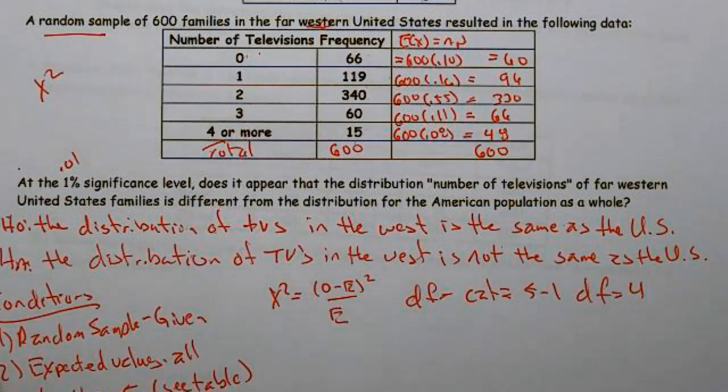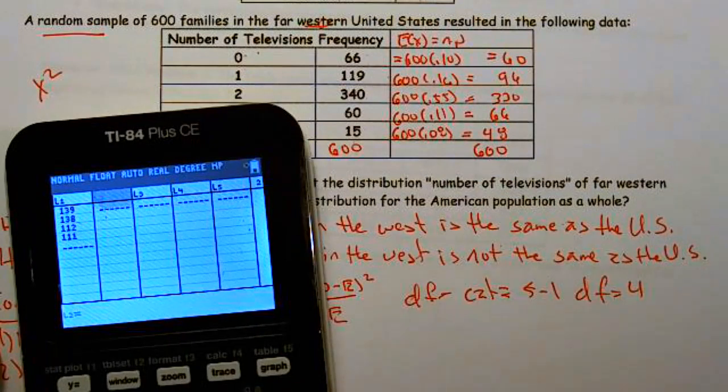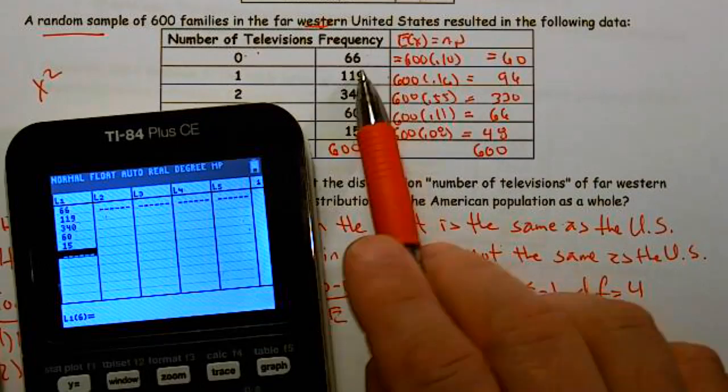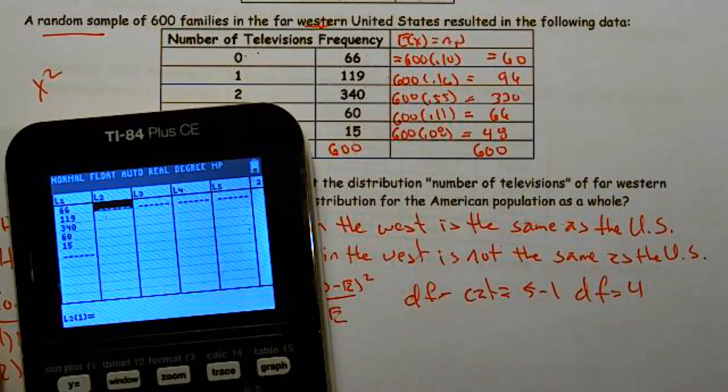All right, so I need to input this data into my calculator, stat edit. I enter 66, 119, 340, 60, and 15. That's what I observed happen, because this was my observed frequency. What I expect to happen is I expected to get 60, 96, 330, 66, and 48.